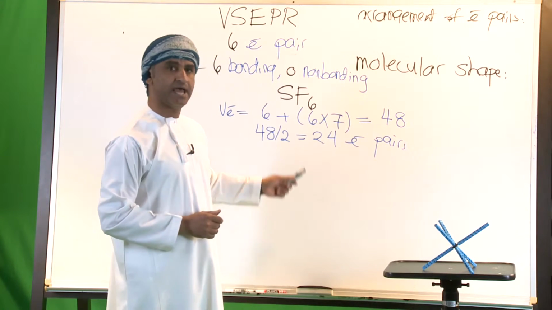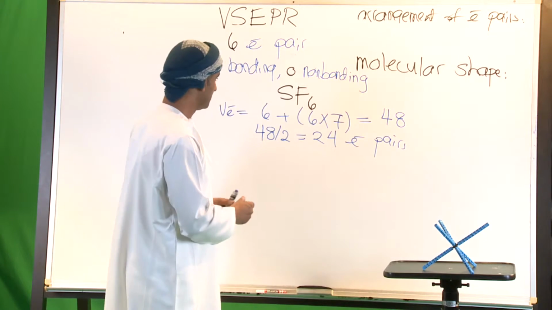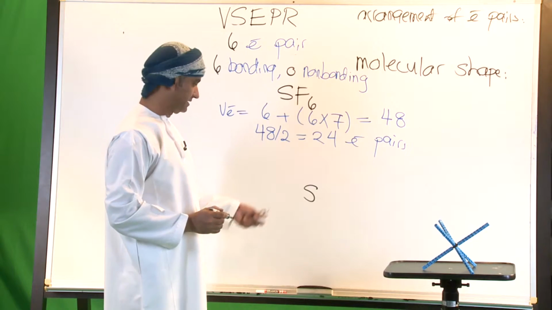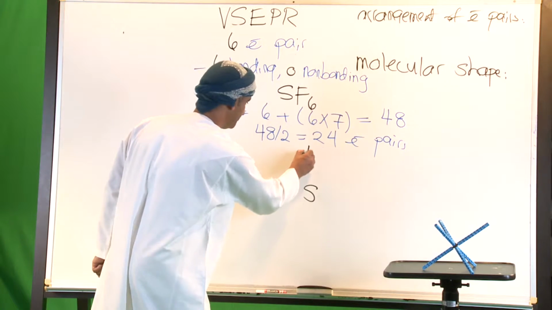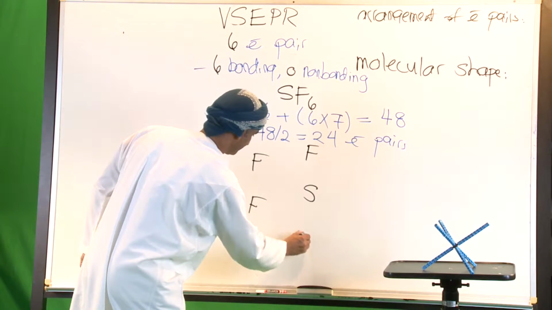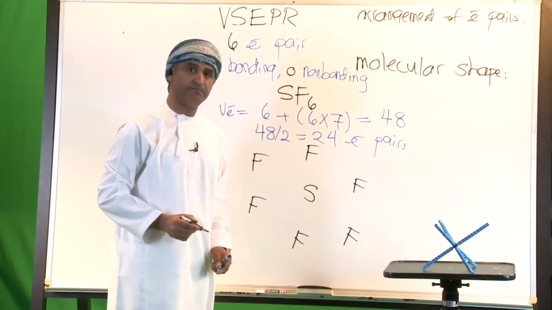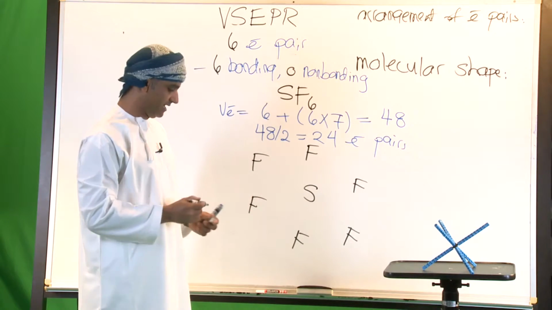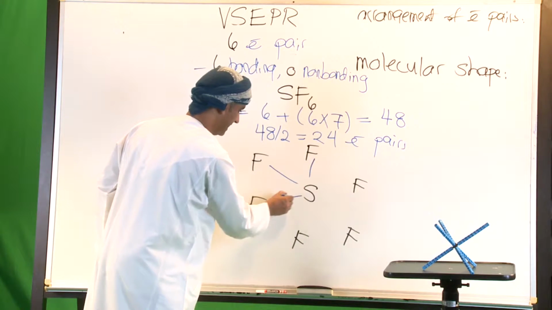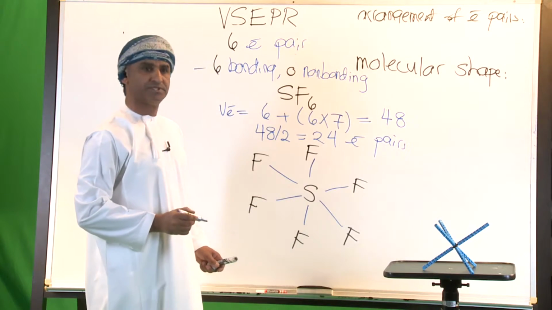Now we need to draw a Lewis structure, and for that we draw the central sulfur atom, which should be surrounded by 6 fluorine atoms. There are 6 of them. We draw a single bond between the central sulfur atom and each of the surrounding fluorine atoms.